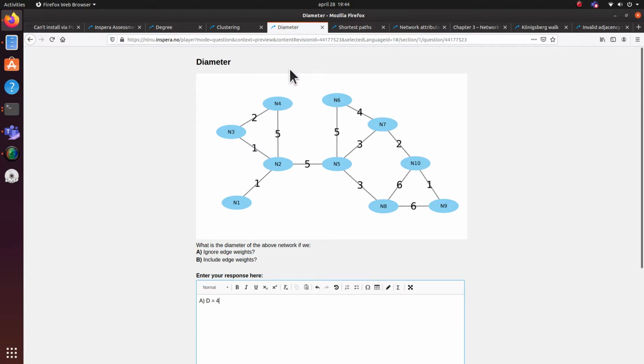And so the longest shortest path in this network is n4, n5, n2, n5, n7, n10, n9. So then BD equals 5 plus 5 plus 3 plus 2 plus 1, which equals 16. And that is the weighted diameter of our network.